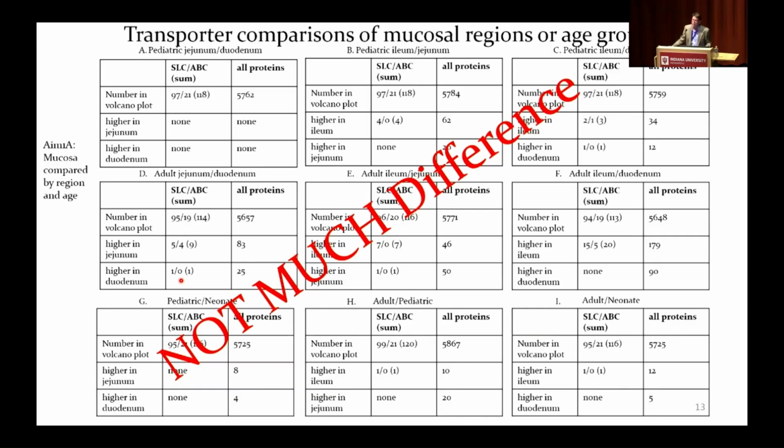These are coming from organ procurement organizations. We get a call saying, we've got this available, are you interested? We'll say yes, let's have the surgery scheduled, they'll put it in UW solution, a courier will deliver it to us, and we're talking about anywhere from 20 to 36 hours later. So there's always that caveat of what is happening to transporter protein and mRNA expression in that time frame after surgery.